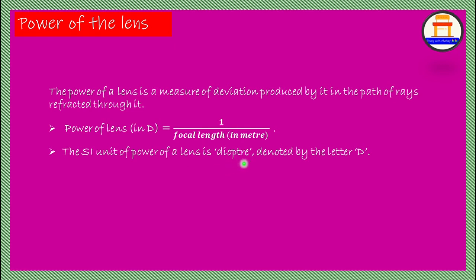A few people pronounce this as dioptre, but as per the pronunciation, it is diopter. It is denoted by a capital D, not small d. Let there not be any confusion with the sign convention and writing the units. Diopters, and focal length should be in meters. Make a note of it.